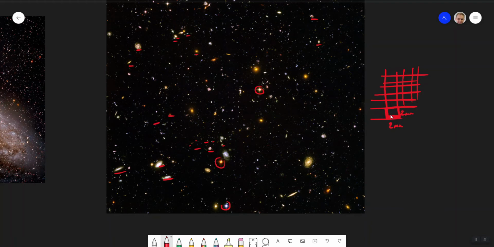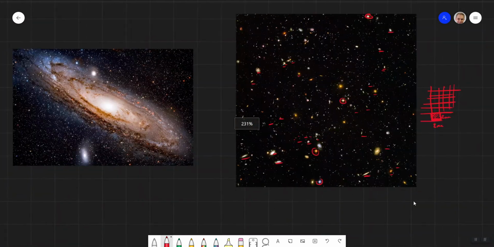Four of these images would fit in one of those squares if that piece of graph paper was held a meter away from you. So this is a tiny fraction of the sky, and just look how many galaxies there are. There are a ridiculous number of them, each of them holding billions of stars.